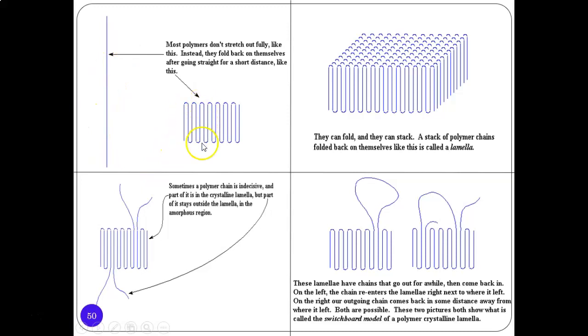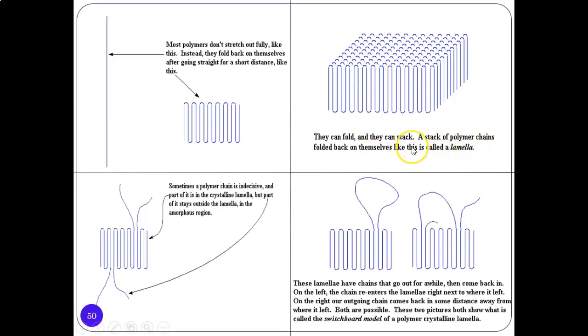Instead, they fold back on themselves after going straight for a short distance like this. This is the folded shape. So we call it the folded model or fringe micelle.